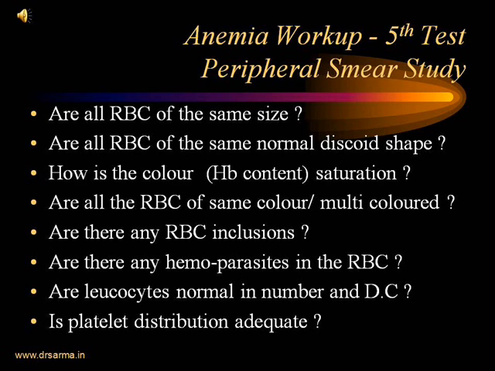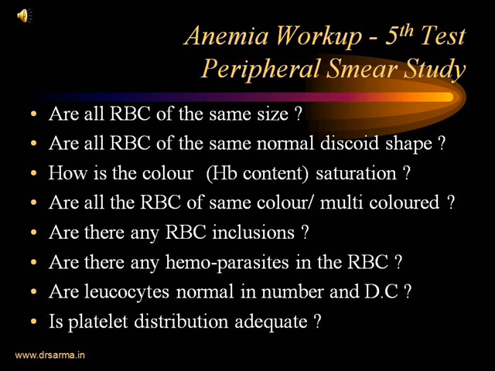Then the color of the RBC, or the hemoglobin content or saturation of the RBC. Are all the RBC normochromic, or hypochromic, with less hemoglobin, or hyperchromic? In some conditions like spherocytosis or elliptocytosis, the hemoglobin saturation will be more inside the RBC and such cells will be hyperchromic.